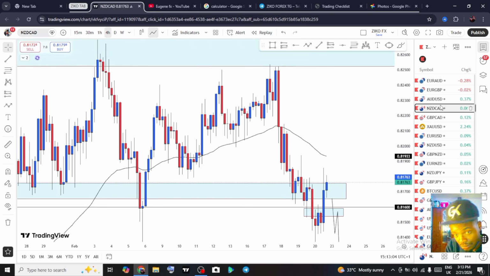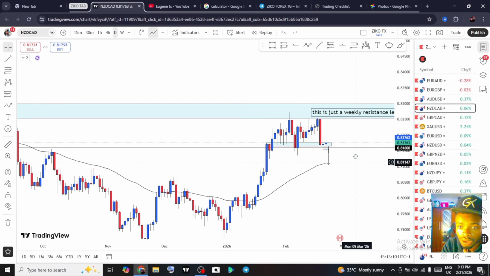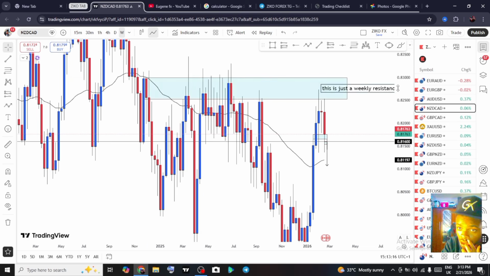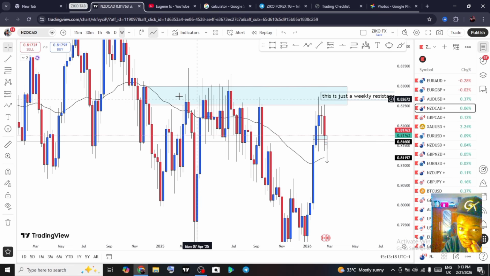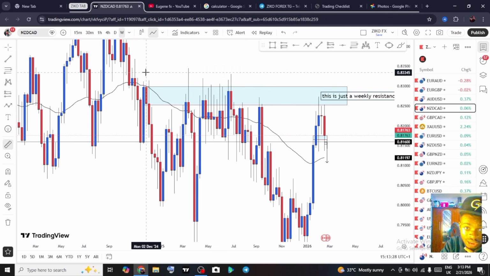NZD CAD. So NZD CAD, let me show you guys. This is actually the game plan of last week. We just never got the opportunity, and it seems like we're going to be getting the opportunity this week. So if you come over to the weekly, you can clearly see that this right here is the weekly resistance level. Every time we came here for the past 200 days, we clearly had a rejection to the downside.